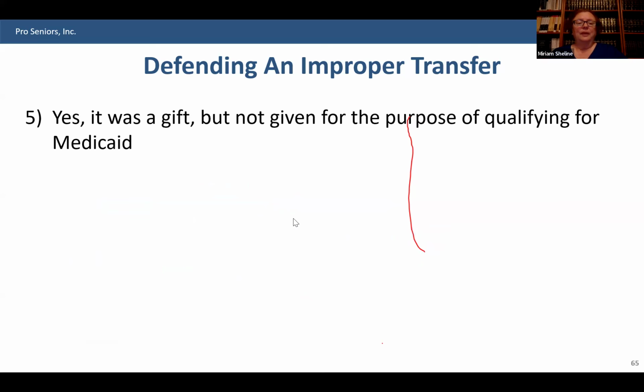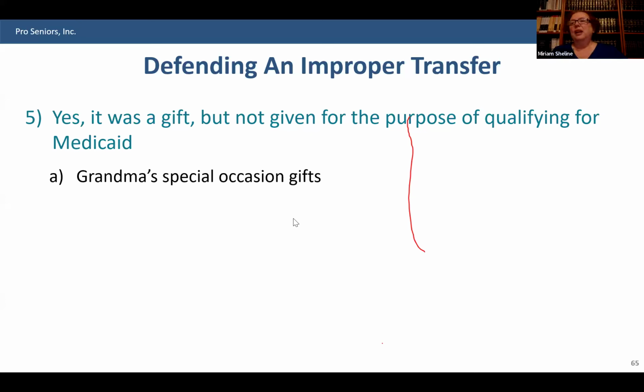Right? So some of the ones we have been successful with, it was a gift, but it was not given for the purpose of qualifying for Medicaid. Again, now that burden is on the applicant to establish. But grandma's special occasion gifts. So in our case, you do have sort of regular checks that are given to the children that say Christmas on them.